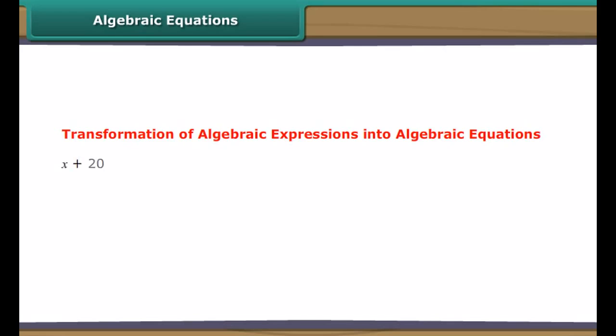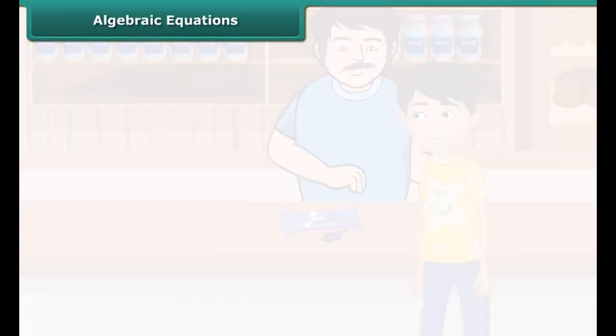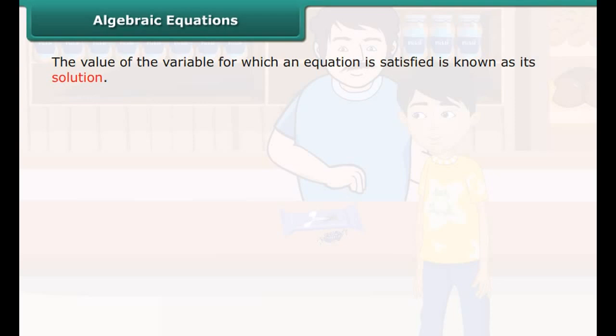X plus 20 is equal to 25. 30y plus 200 is equal to 1100. Bracket starts A plus 5 bracket closes into 3 is equal to 45. The value of the variable for which an equation is satisfied is known as its solution.